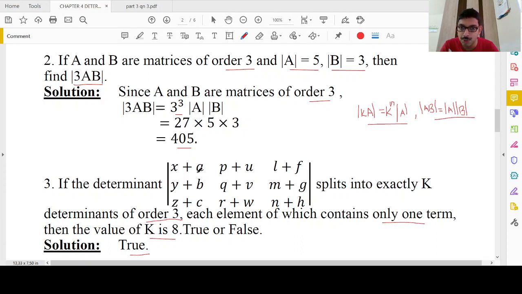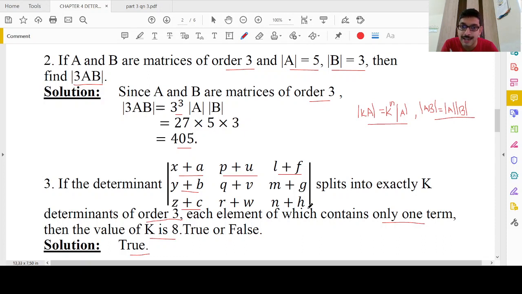So that means it should be using the property that if any row is a sum of two terms, we can split it into two determinants. So corresponding to the first row elements, we can split it into two determinants. Then corresponding to the second row, we can split it into two determinants, and corresponding to the third row, we can split it into two determinants.